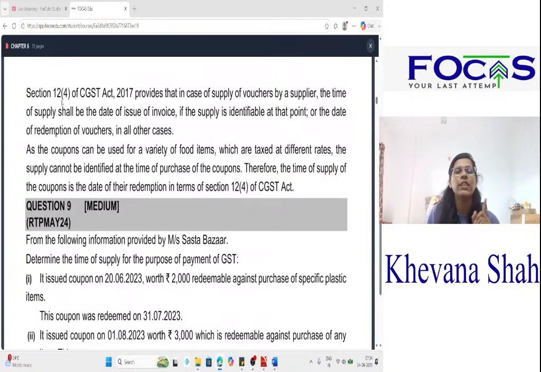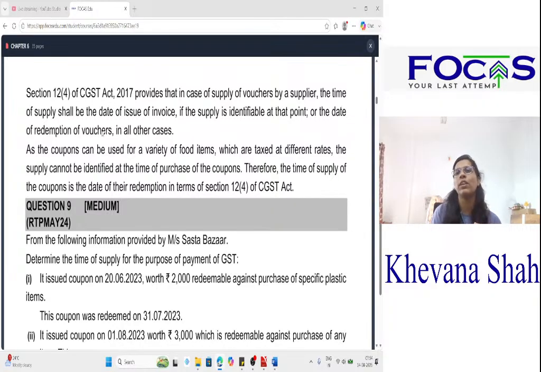See, section 12(4) of the CGST Act 2017 provides that in case of supply of vouchers by a supplier, the time of supply shall be the date of issue of invoice if the supply is identifiable at that point, or the date of redemption of vouchers in all other cases.